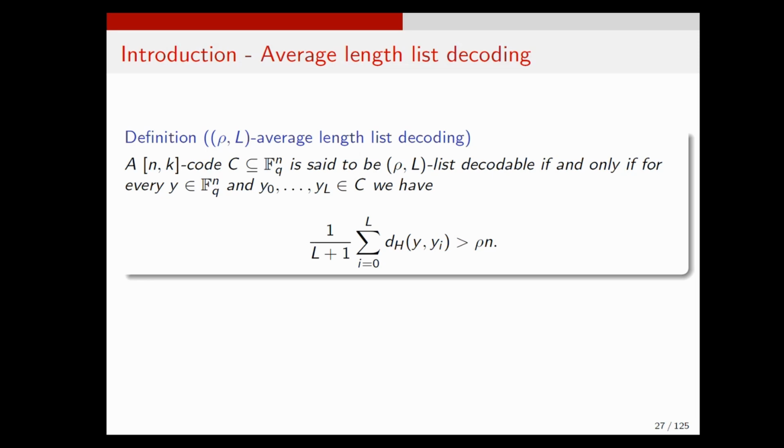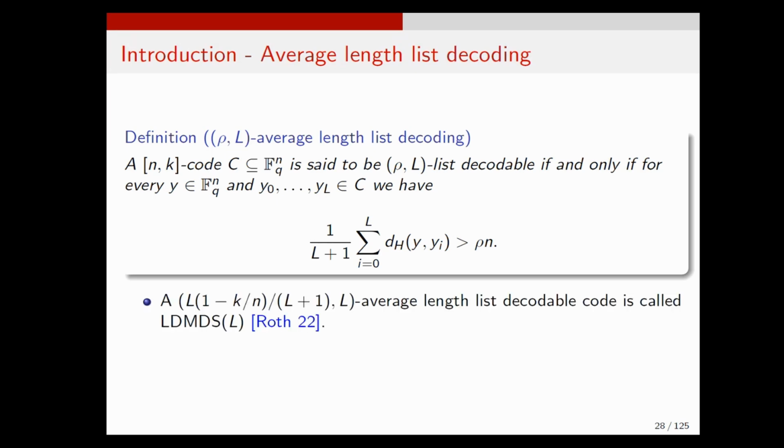In other words, if you take L plus 1 codewords, the average distance of these codewords from any point will always be bigger than rho times n. This is an even stronger thing, because it could happen that if I take a ball, everything is on the boundary at rho times n, but this guarantees that is not possible. Some of these have to be closer than others.